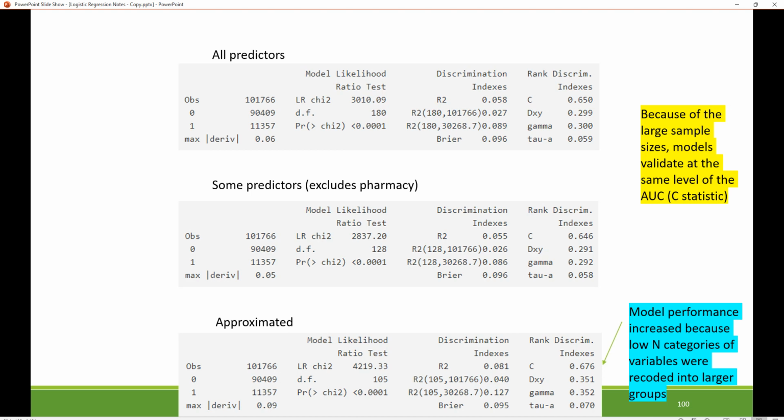So part of the work that I did was modify some of those variables where I combined them into different categories. In other words, I created the other category. But again, the approximated model validation is not too far off from the initial C or AUC value that we see on the upper right.